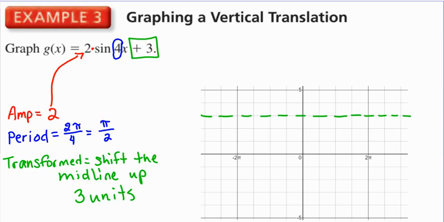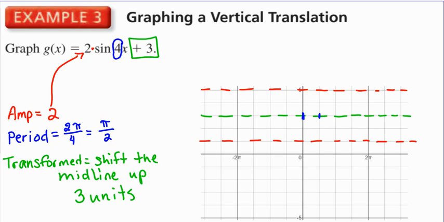And from that midline, I'm going to count up and down 2 units. So up 2, this is going to be the maximum that my graph will reach. And from the midline down 2, this is going to be the minimum. My period length happens between 0 and this is pi, so cut that in half again. This is going to be pi over 2.